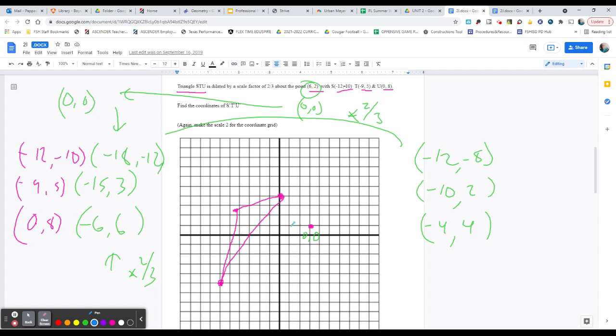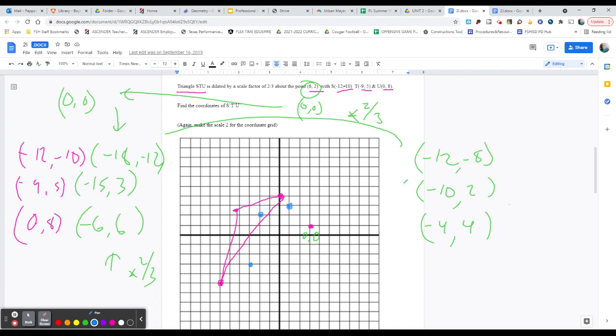So negative 2, 4, 6, 8, 10, 12, and then negative 2, 4, 6, 8. Then the next point, (-10, 2): negative 2, 4, 6, 8, 10, and then up 2. And our last point is going to be (-4, 4): negative 2, 4, right here.